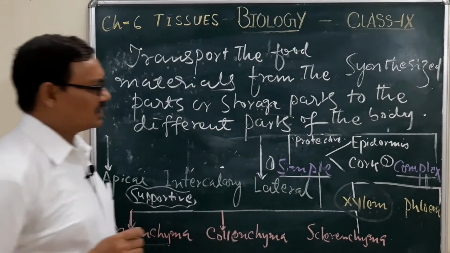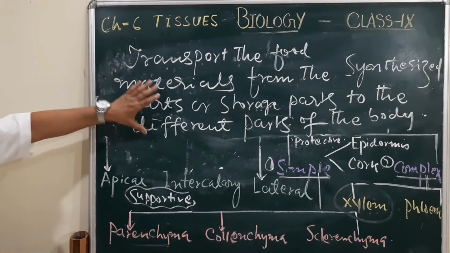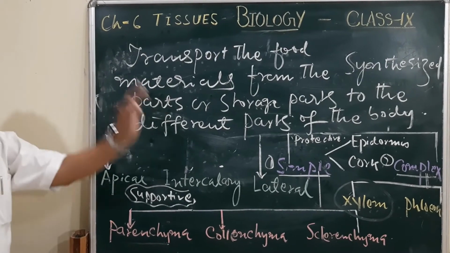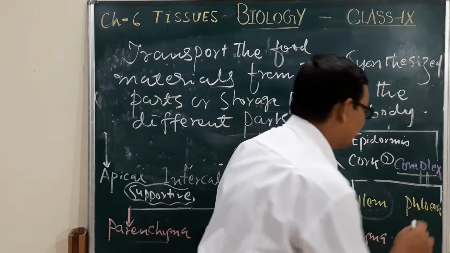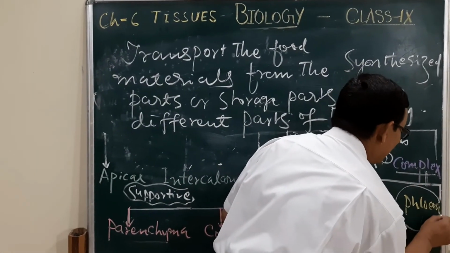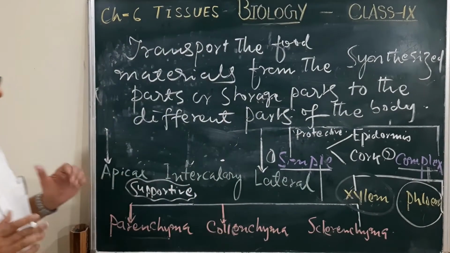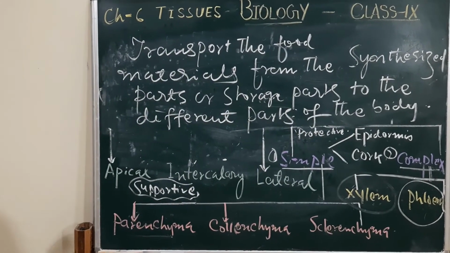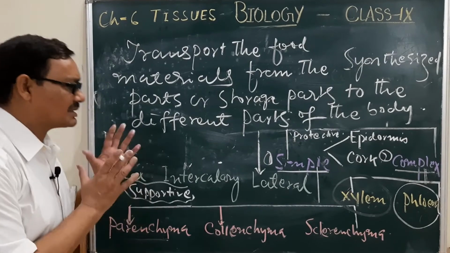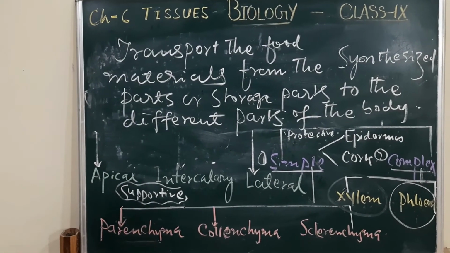And these important functions in the plant body are carried out by the presence of the phloem tissues. So these are some basic facts about the classification of the plant tissue.